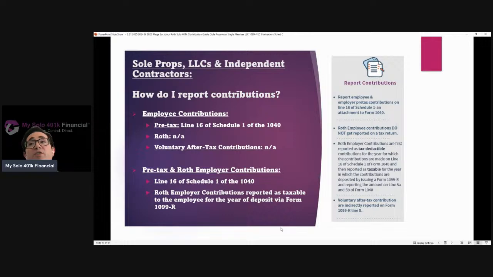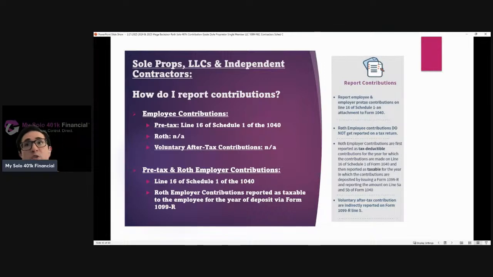So whether it's a pre-tax or a Roth employer contribution, it's reported as tax deductible for the year for which the contribution is made on line 16 of Schedule 1 of the 1040. And then if it's a Roth employer contribution, it's reported as taxable to the employee for the year in which it's deposited, right?